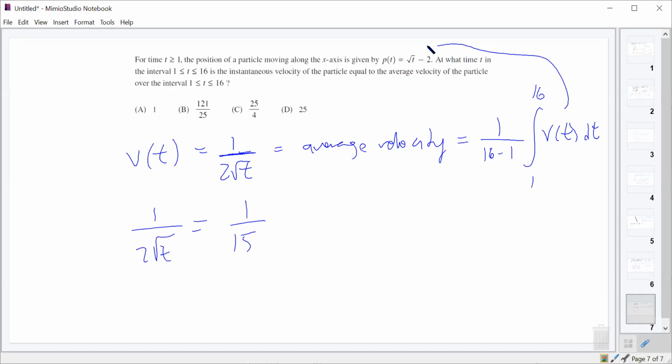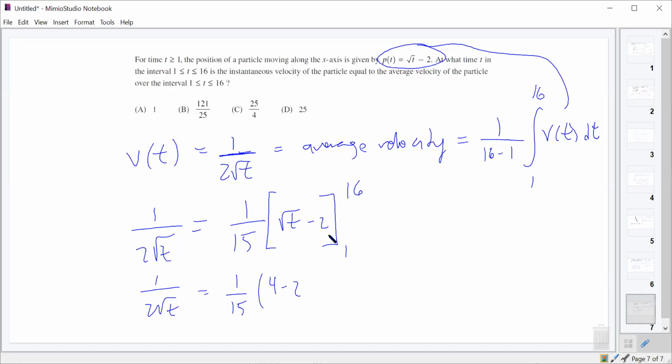The integral of v of t is p of t. So 1/15 of root t minus 2 from 1 to 16. So now we've got 1 over 2 root t equal to 1/15 of 4 minus 2 minus 1 minus 2. That would be 2 minus -1, which is 3.